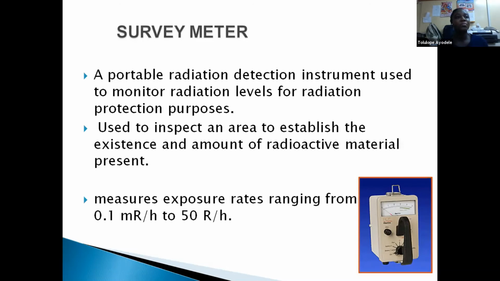But we use artificial radioactivity in nuclear medicine. We do not use natural radioactivity, due to the fact that natural radioactivity has a very long lifetime, and it doesn't have the inherent properties that we need in radionuclide imaging. It measures exposure rates in milliroentgen, in the range of 0.1 to 50.